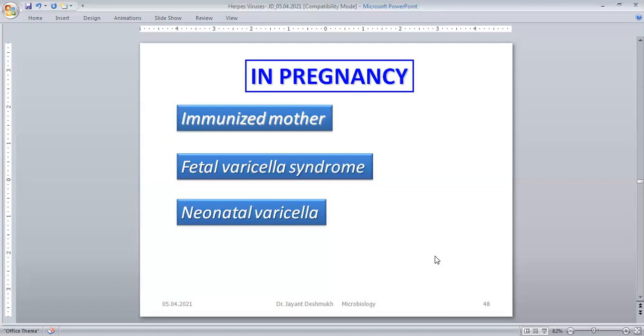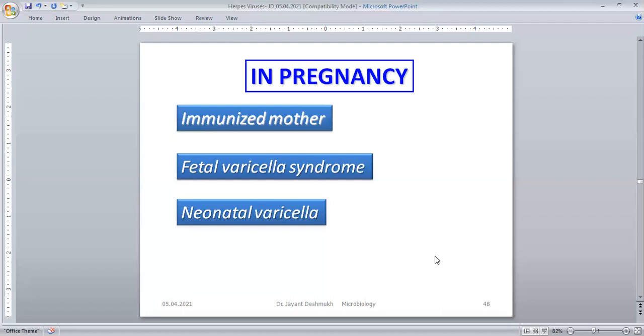Neonatal varicella and fetal varicella syndrome are terms we use depending on the clinical presentation. If the mother gets the infection in the first half of pregnancy, 4 to 5 months, and it is transmitted to the baby or fetus, it is associated with congenital malformation, CNS defect, chorioretinitis, encephalitis. The term is fetal varicella syndrome.